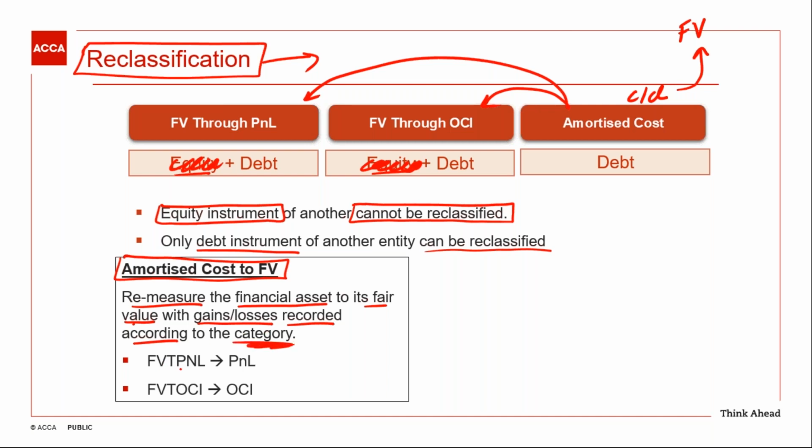Which means if we are going to fair value through P&L, we should record the movement in the P&L, and if we are going to fair value through OCI, the gain or loss should be recorded in the OCI.